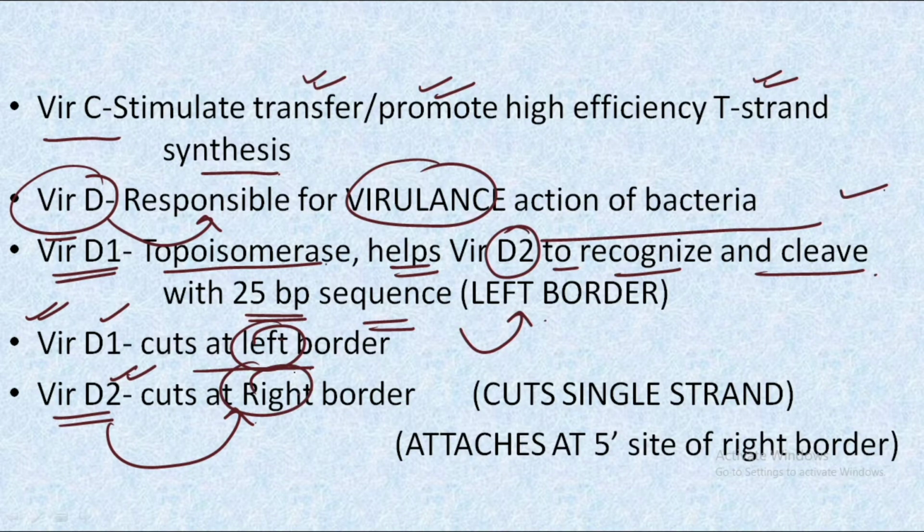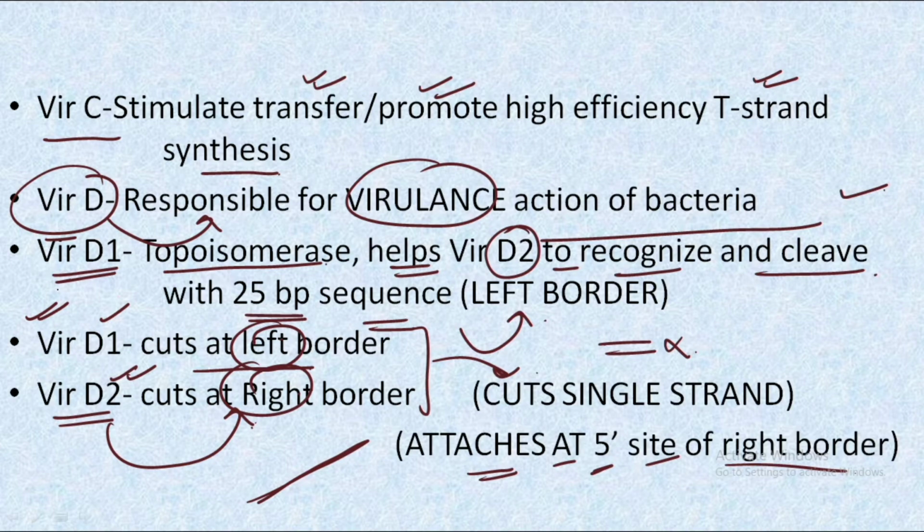And one more important point to remember is that when they cut the tDNA border, they cut the single strand, not the double strand. Only the single strand is cut by these VIR genes and attaches at the 5' site of the right border.